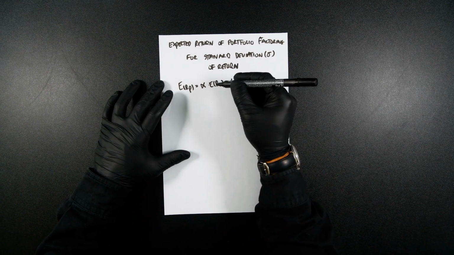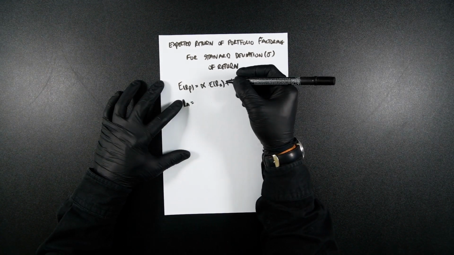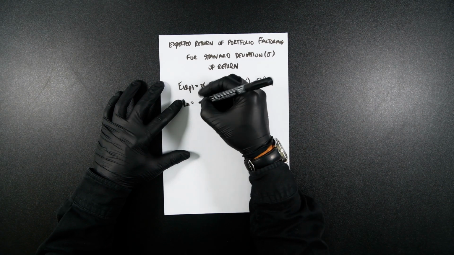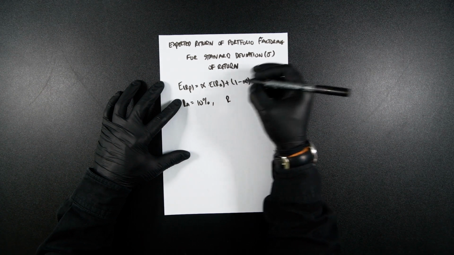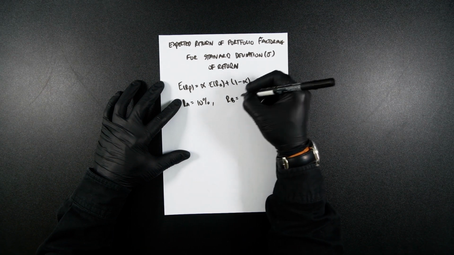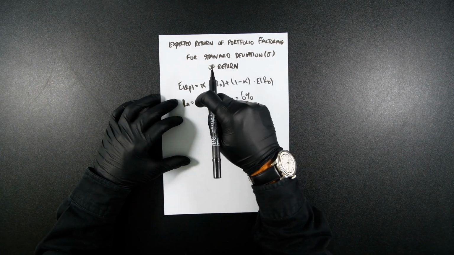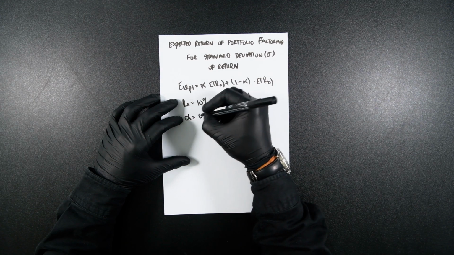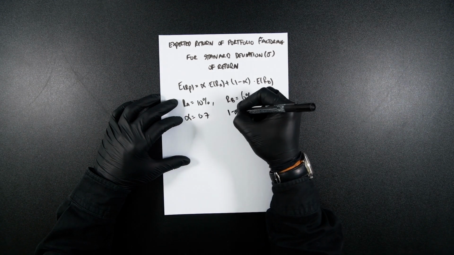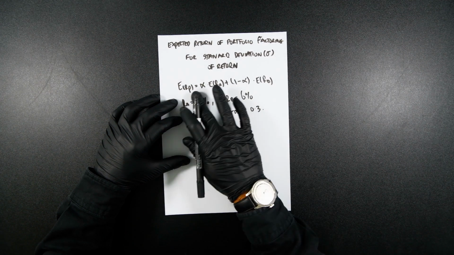So let's say the expected return of asset A is 10%, and the expected return of asset B is going to be 6%, and I'm going to put 70% into asset A and 30% into asset B. It means that we're going to have 0.7 and 1 minus that is going to be 0.3. We can now plug this in.